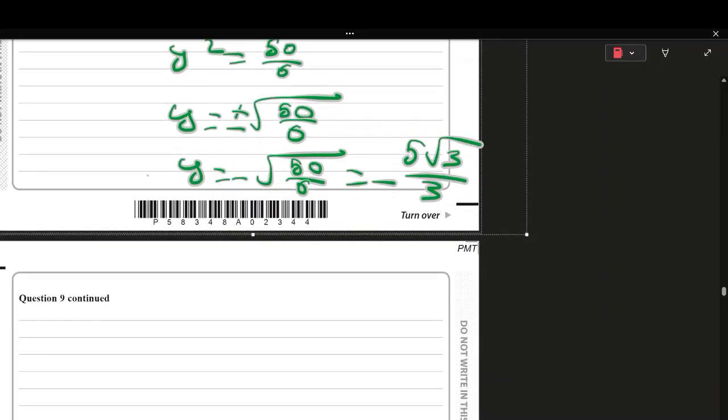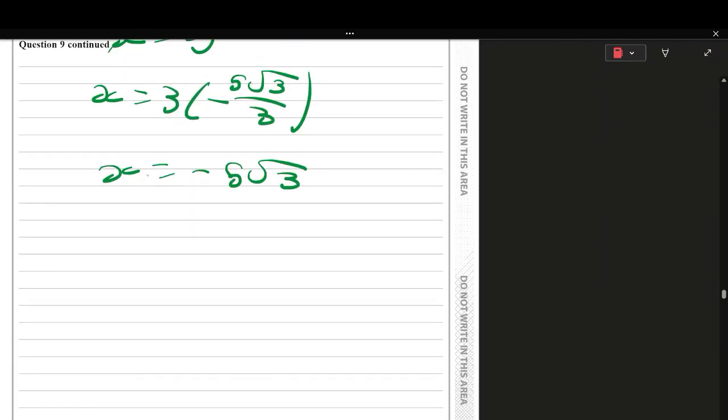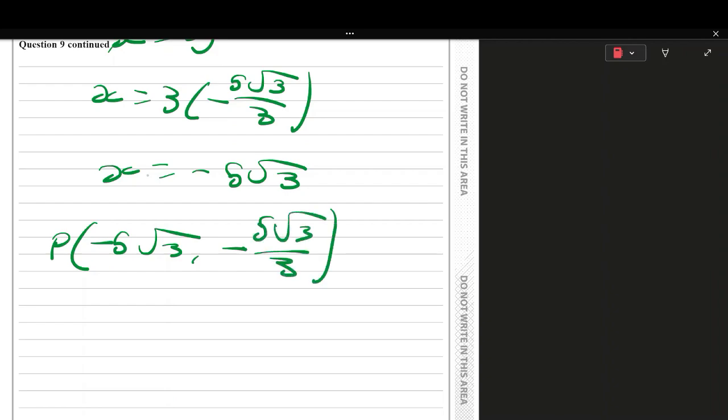So we just put the y into x is equal to 3y, so x is equal to 3 times this, and we'll get x is equal to minus 5 root 3. So point P is negative 5 root 3 on the x and negative 5 root 3 over 3 on the y.